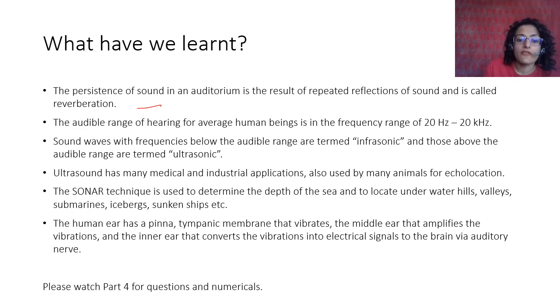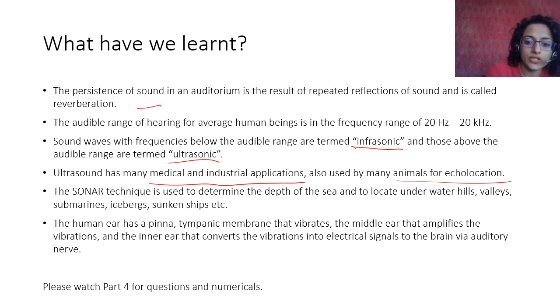Sound waves with frequencies below the audible range are termed infrasonic, and those above are ultrasonic. We learned about the different applications of ultrasound, medical and industrial, and also its use by many animals for echolocation. The sonar technique is used to determine the depth of the sea and to locate underwater hills, valleys, submarines, icebergs, sunken ships, etc.